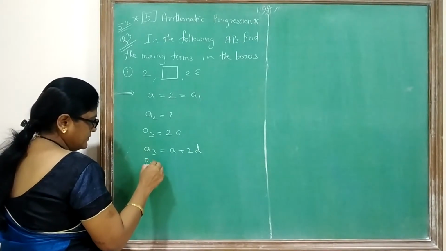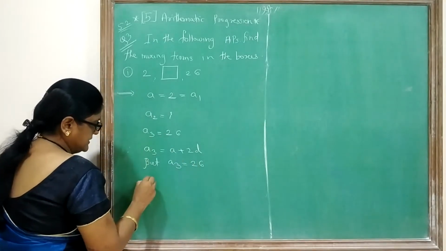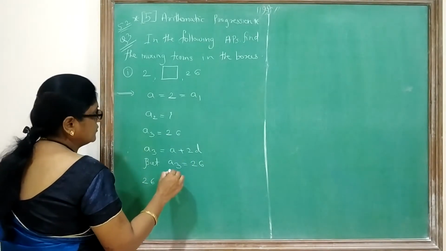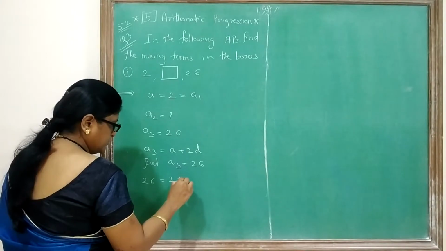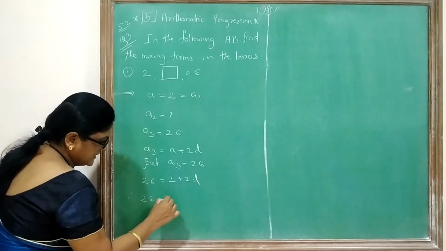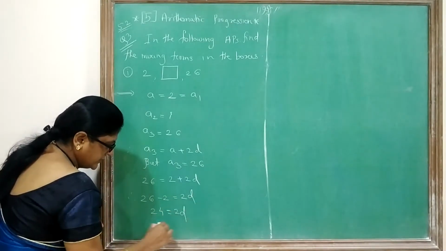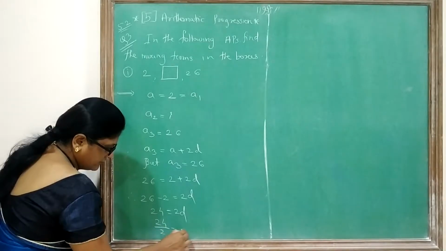But A3 equals 26, so 26 equals 2 plus 2 into D. That is 26 minus 2 equals 2D. Then 24 equals 2D, that is 24 by 2 equals D.